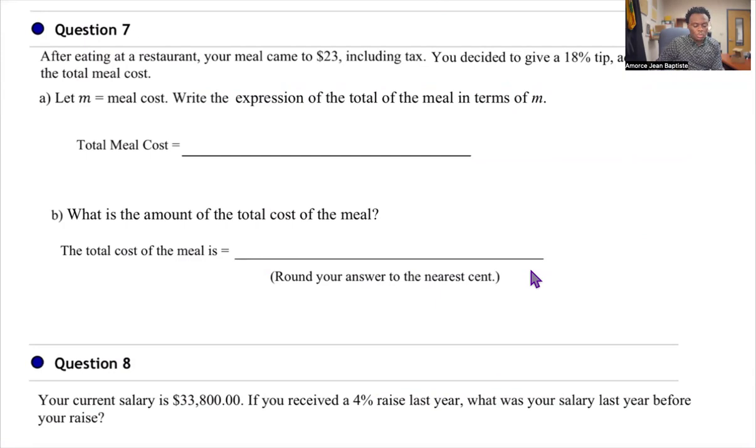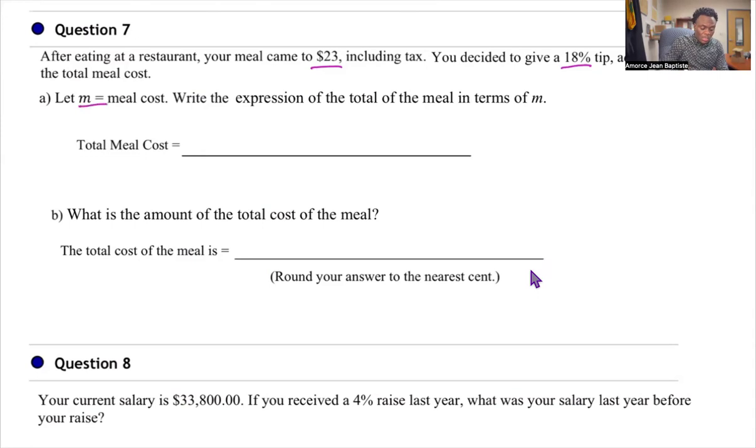After eating at a restaurant, your meal came to $23, and you decided to give 18% of that amount as a tip, adding it to the meal cost.